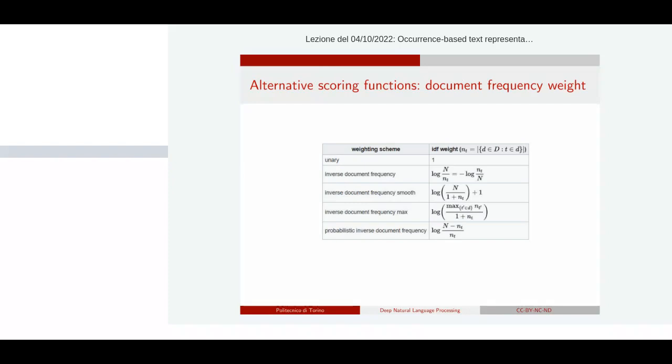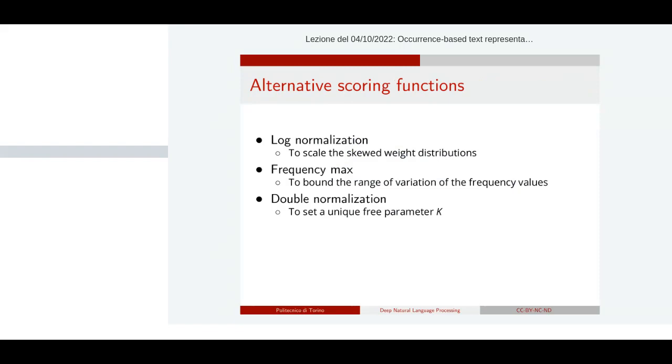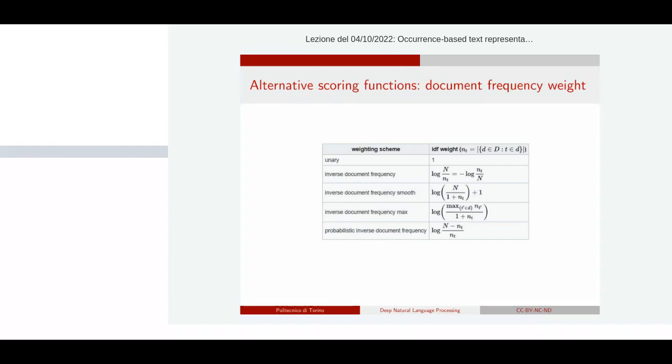I can briefly summarize the key points of these metrics. Three aspects are worth considering. First of all, you can try log normalization: use the logarithm as usual to normalize the weight distribution, like in this term. I can show you, like here, the smooth version of the document frequency.